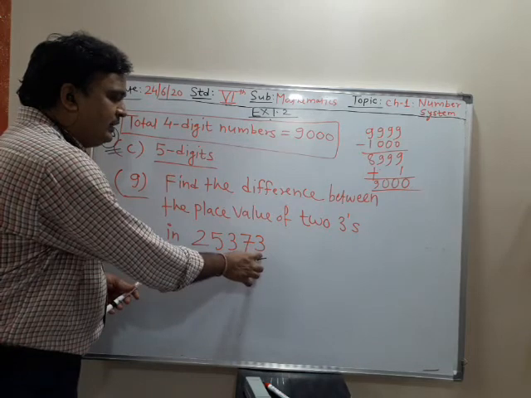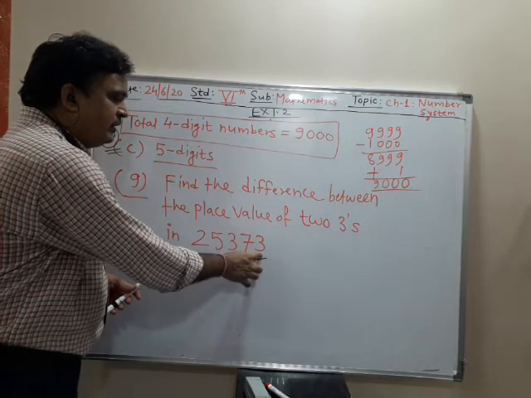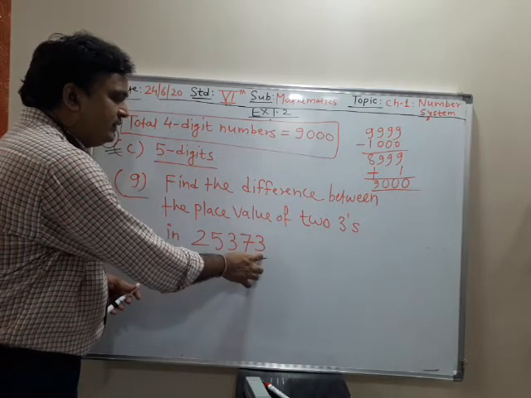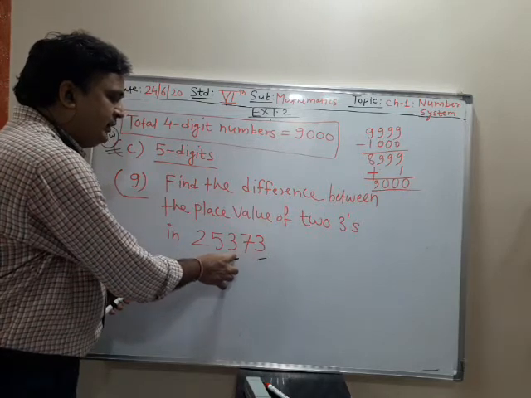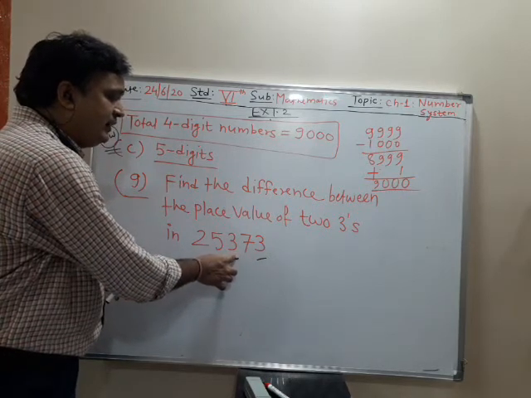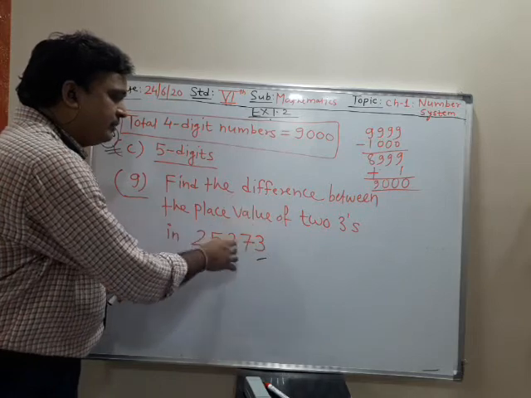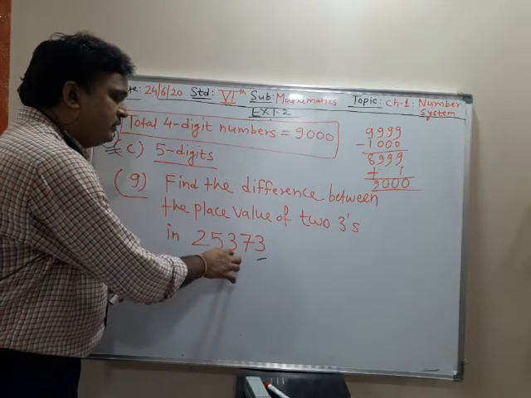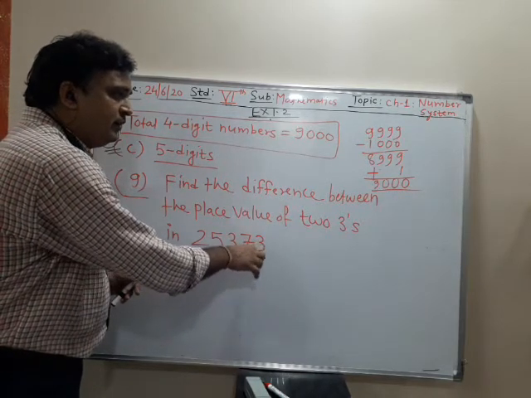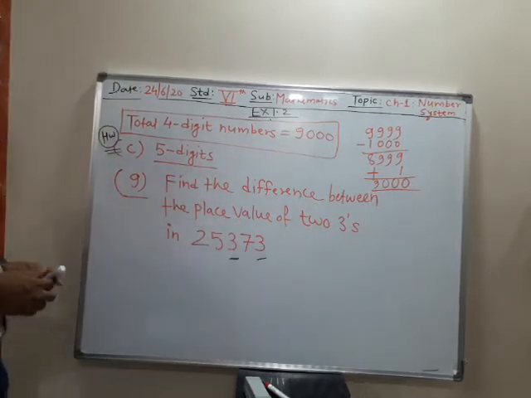One is at ones place and the other is at hundreds place. So you have to find the place value of this 3 and the place value of this 3, and then subtract. You getting the question? The place value at ones place you have to find, and the place value at hundreds place you have to find, and then subtract place value of hundreds minus place value of ones.